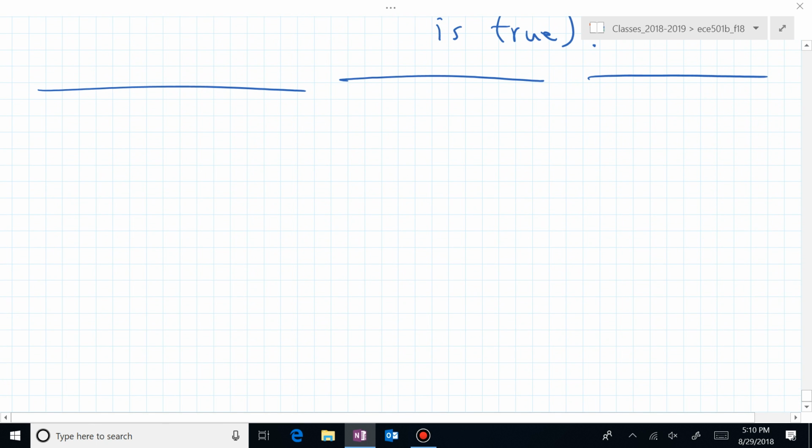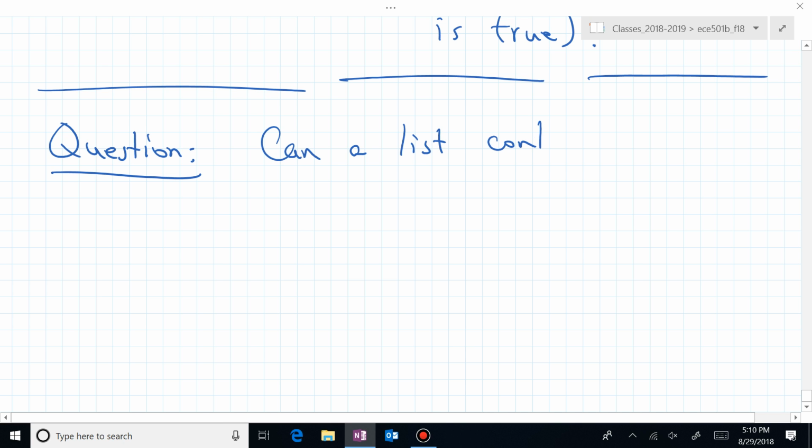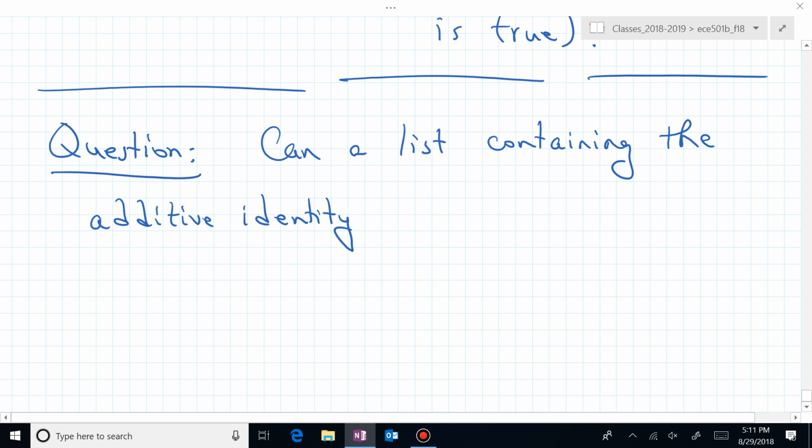Now, let me ask the following question. Can a list of vectors containing the additive identity be linearly independent?